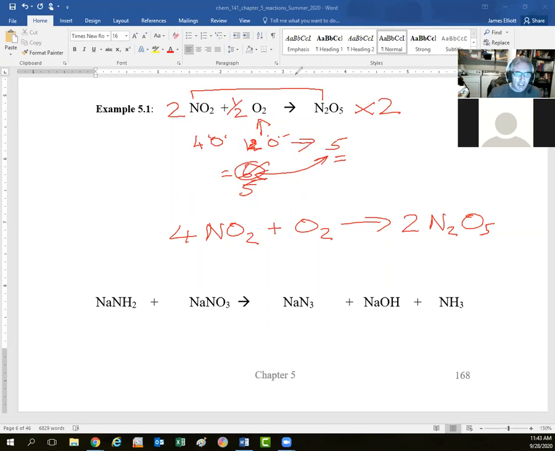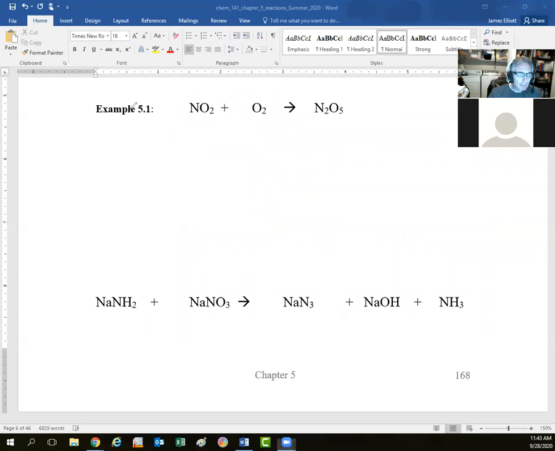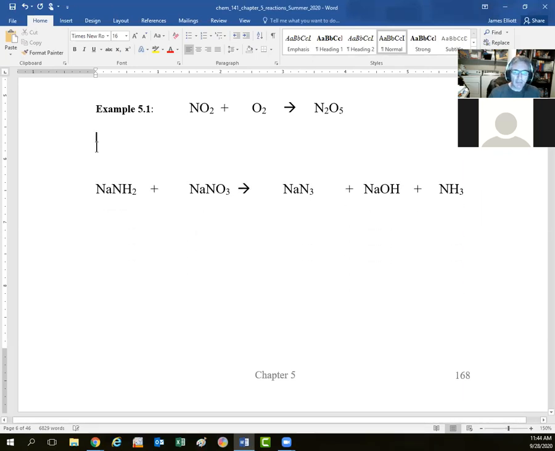Let's take a look at the next one. Let me clear up my work here. Okay. So if we look at the others, we have got a lot of these elements appearing multiple times in the equation.